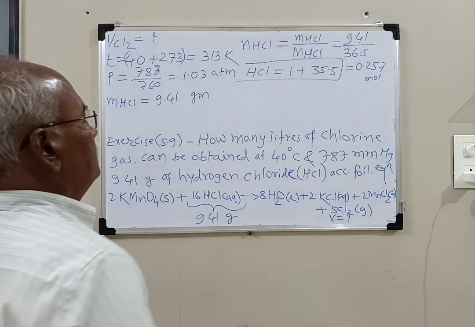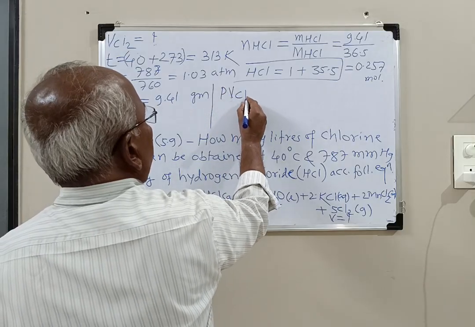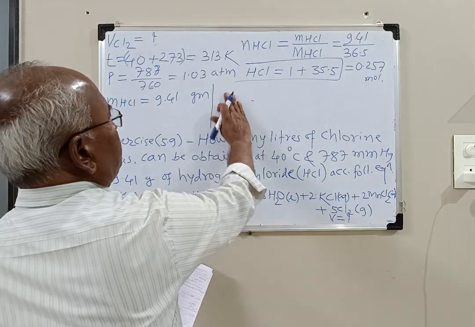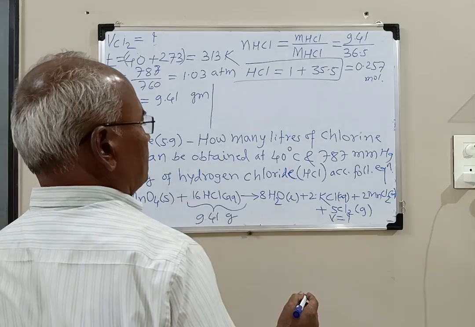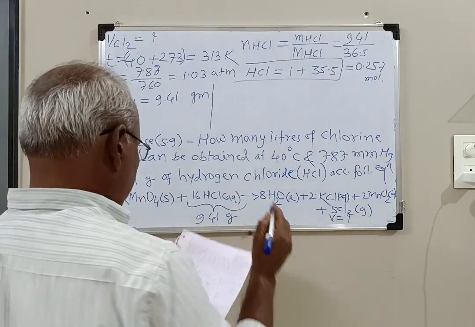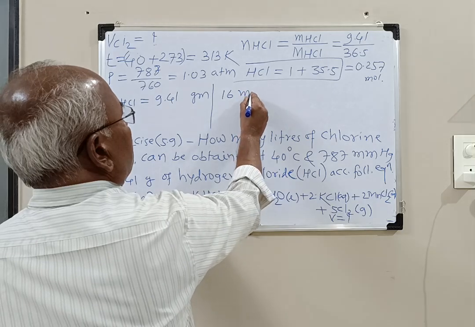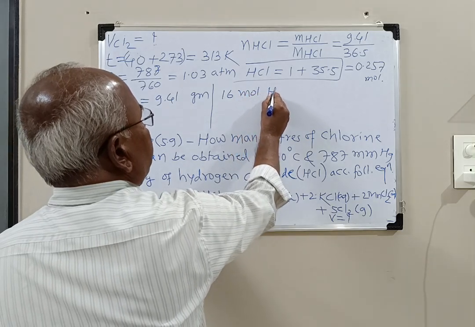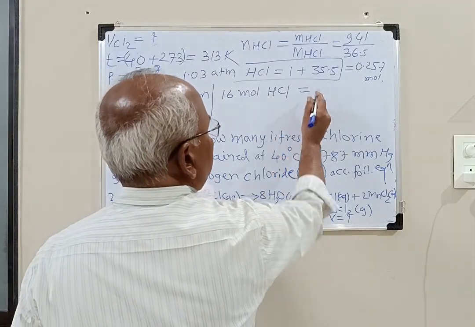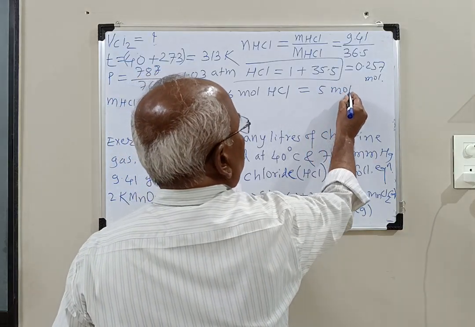After this, use the relation P into volume of Cl2. Before that, 16 mole of HCl give 5 mole of chlorine.